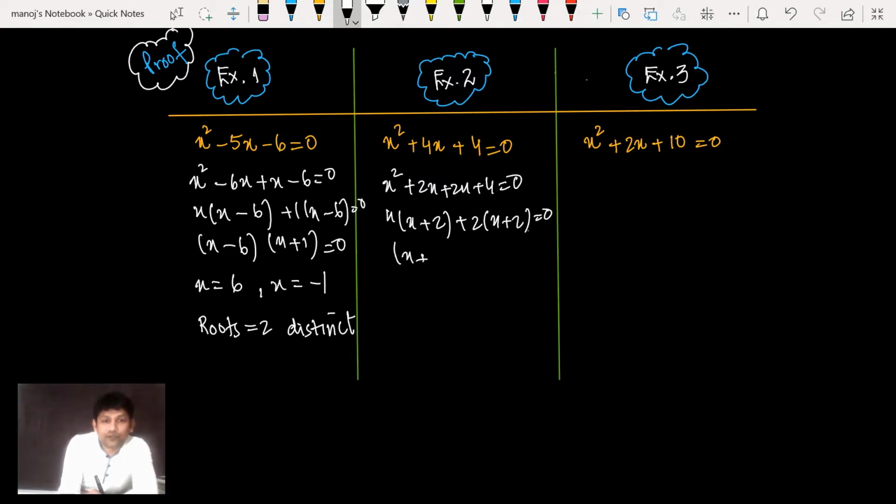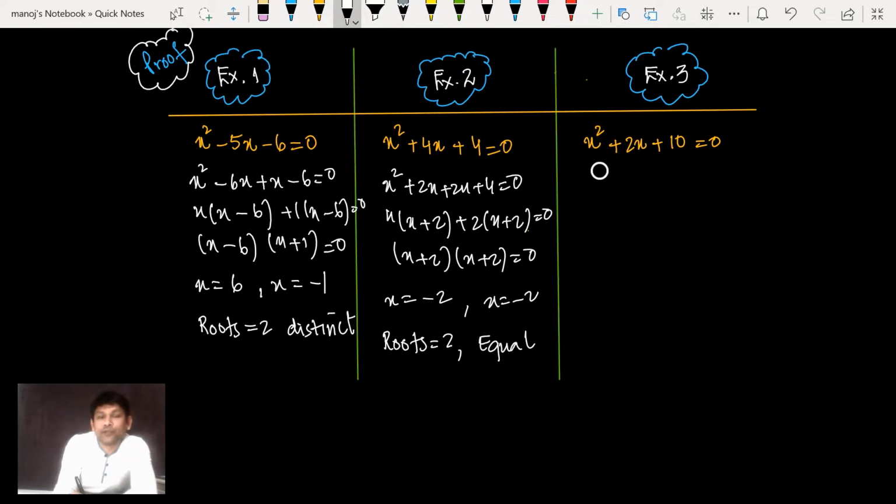So x plus 2 equals 0, x equals minus 2, x equals minus 2. How many roots? There are two roots, but both roots are what? Equal.